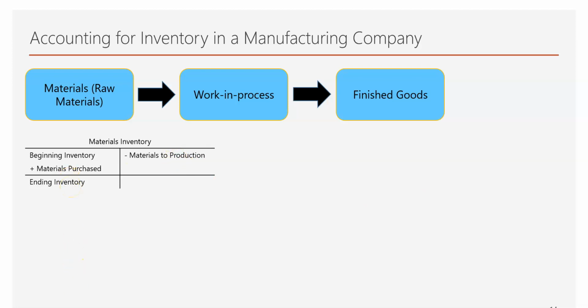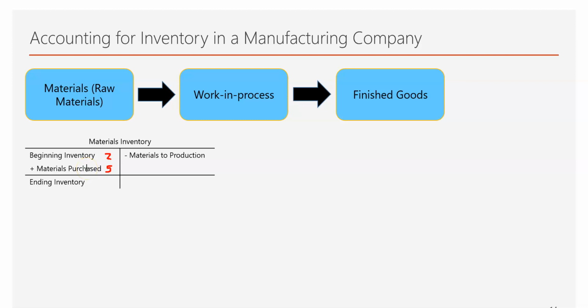So let me just do an example here. Let's say I had $2 in direct materials at the beginning of the month, and I had $5 worth of direct materials I purchased. What is my cost of materials available for use? Cost of materials available for use is my beginning inventory plus my purchases.